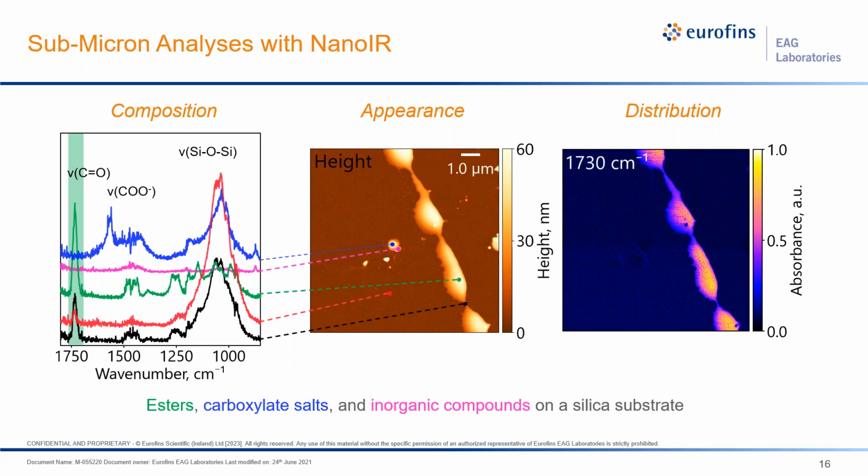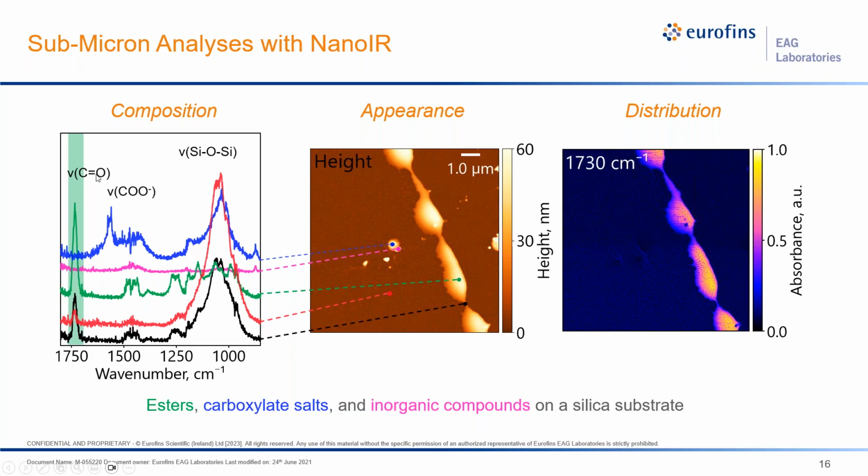And when we look at a smaller, thinner region, say in black, we see evidence of the substrate. And that is this red one here, which we see a lot of Si-O-Si stretches, indicative of either glass or some silicon oxide.